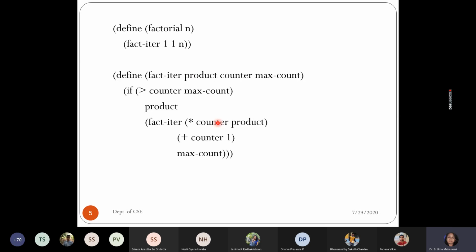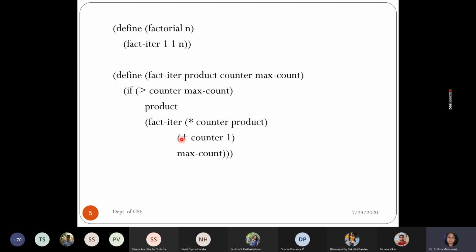Procedure means what I have defined here: the procedure factorial, and inside the body it calls another procedure, and that procedure inside its body calls itself. A recursive program is a function that calls itself, that is the concept. So the fact iter you have defined calls itself many times, so yes, I have a recursive procedure.